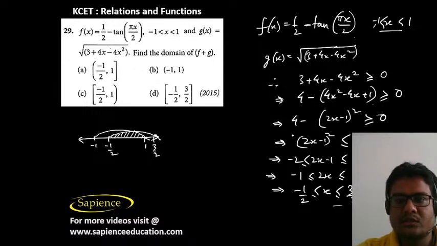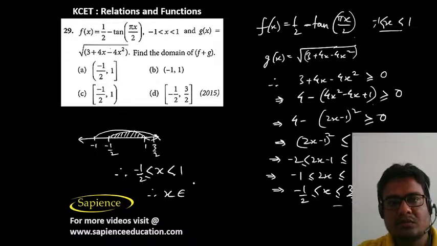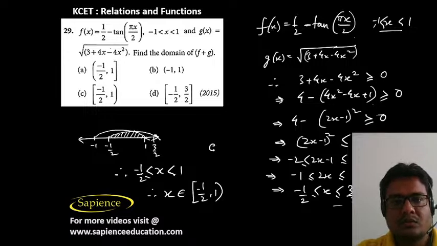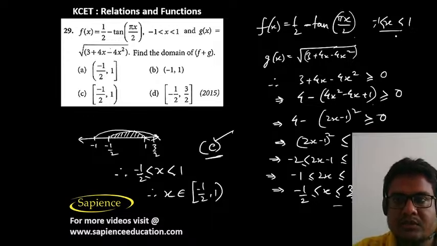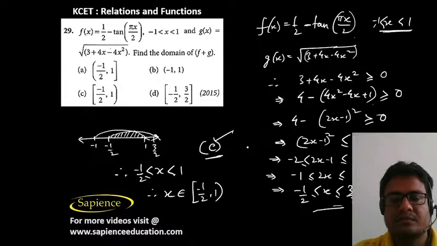Here 1 is excluded, so therefore x should be greater than or equal to minus half and less than 1. Therefore x should belong to the interval minus half to 1. 1 is excluded, so therefore option C is the correct answer. It means the domain of f plus g should be the intersection of the domain of f and the domain of g, that is option C.